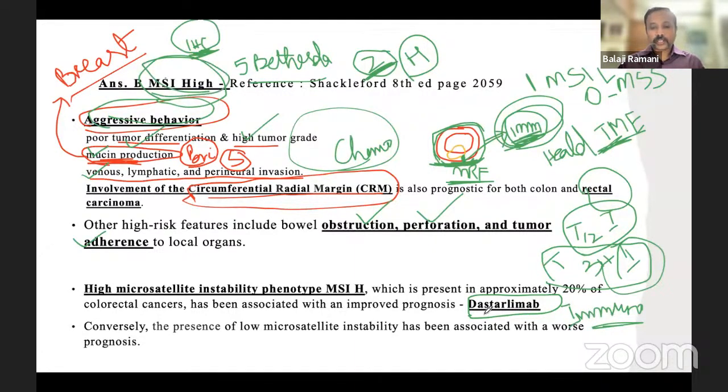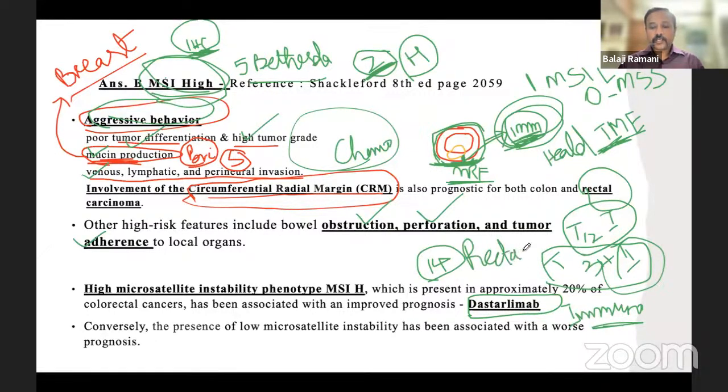The advantage, or rather the startling thing that we had with dostarlimab, was there was a study where 14 patients were studied using dostarlimab, no other therapy. The plan was to use dostarlimab and assess the response. If they had a poor response, they would go for the standard chemotherapy and radiation arm. If they had a good response, then they would go for observation. So this was done for rectal cancer as a trial.